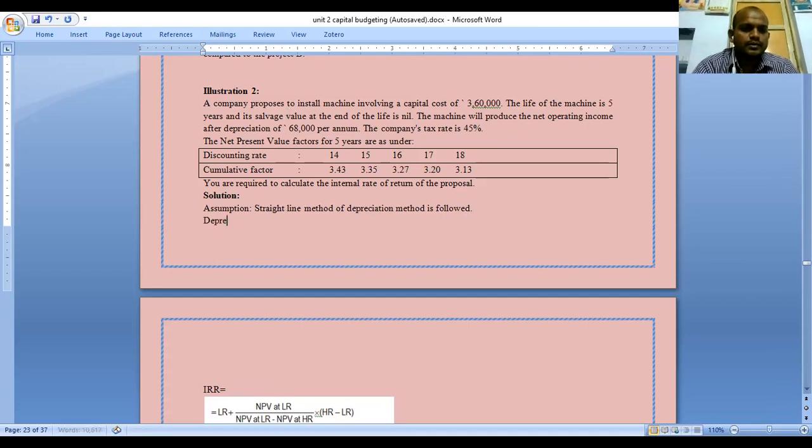So depreciation is equal to, what is the formula, investment by life. So 3,60,000 by 5 comes around 72,000 per year.